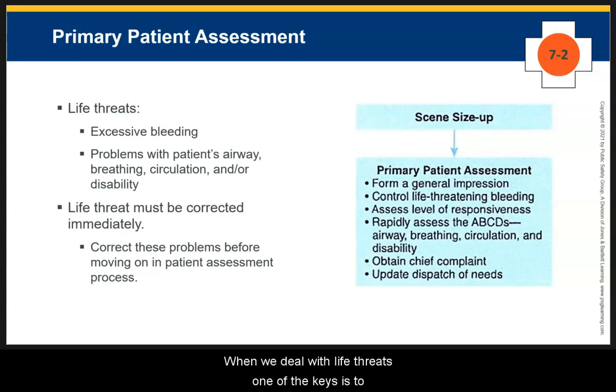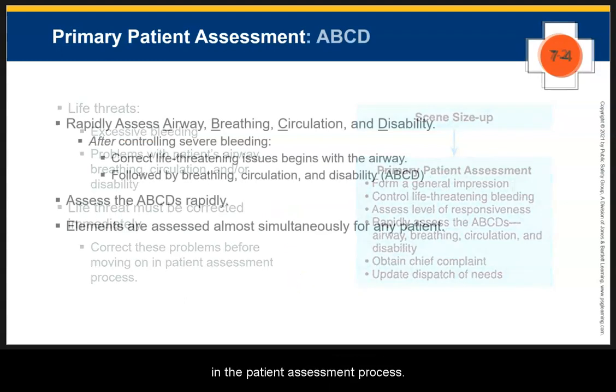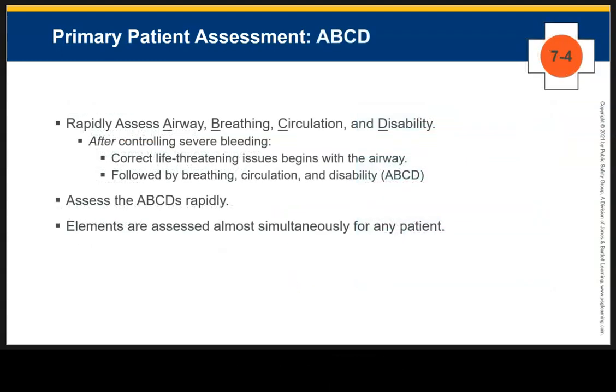So when we deal with life threats, one of the keys is to stop excessive bleeding. But then we follow up with the A, B, C, and D: airway, breathing, circulation, and disability. Life threats must be corrected before you move any further in the patient assessment process.